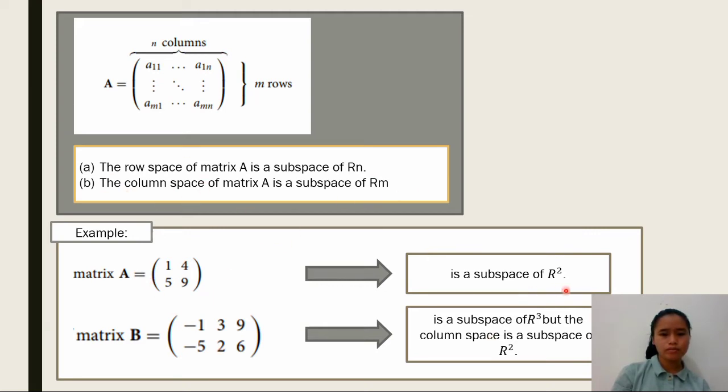Example, matrix A is a subspace in R2, right? And matrix B is a subspace of R3, but the column space is a subspace of R2. Why? Because the rows in matrix B are 3 and the columns are 2.